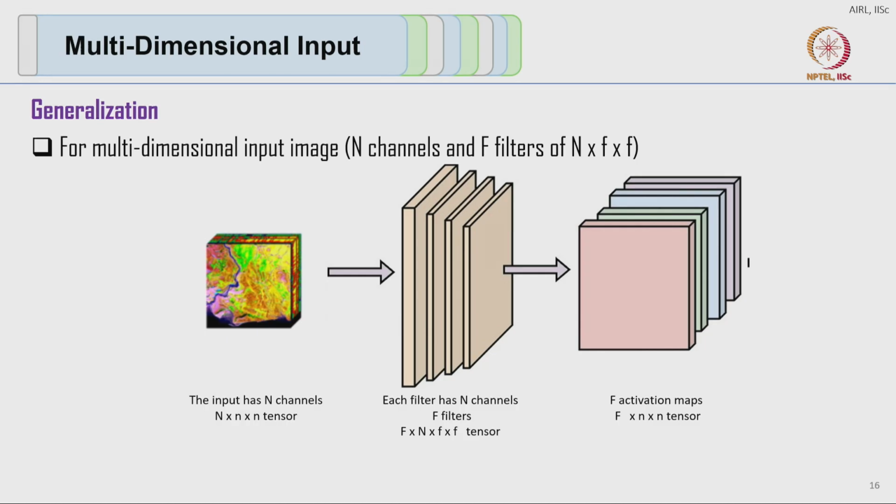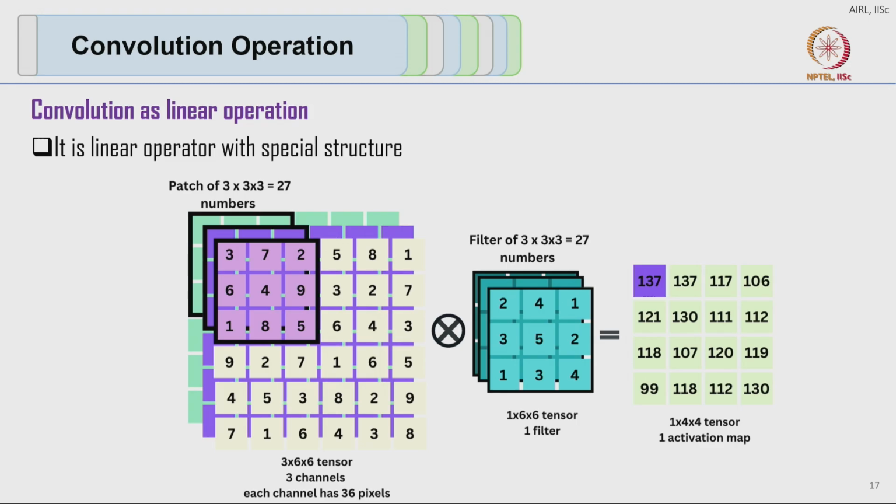That is how we represent it, and we can have f activation maps. We can reduce all the n-dimensional input to a single dimension, or we can still retain the n dimensions, based on what we want to extract from every dimension.